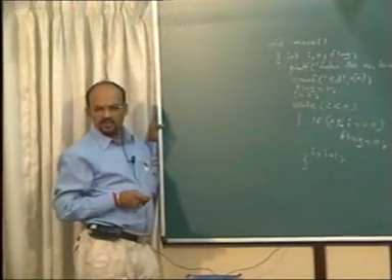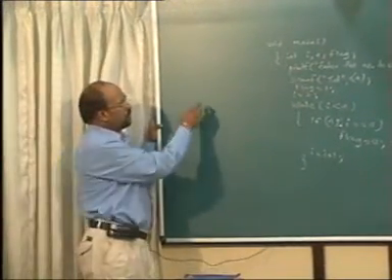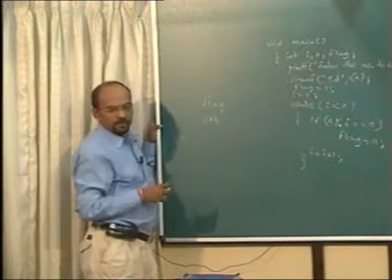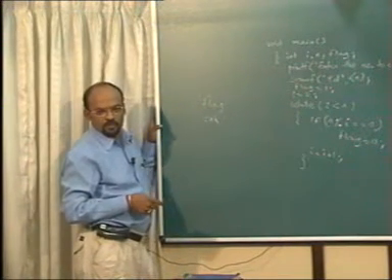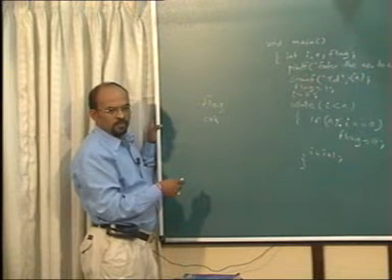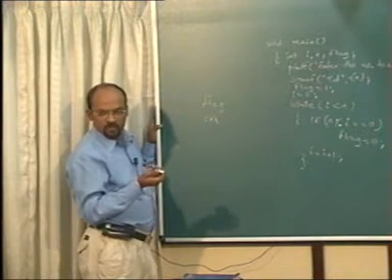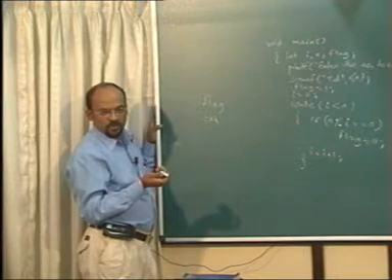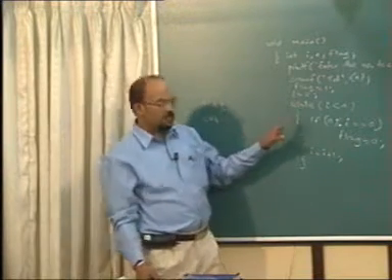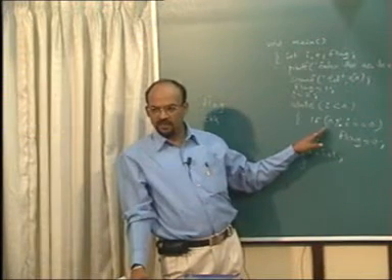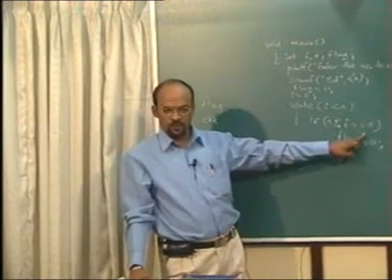What could be the use of this flag? Sometimes we say it is a flag. Sometimes we use the word check. Now if no value of I divides n, this condition will never become true.